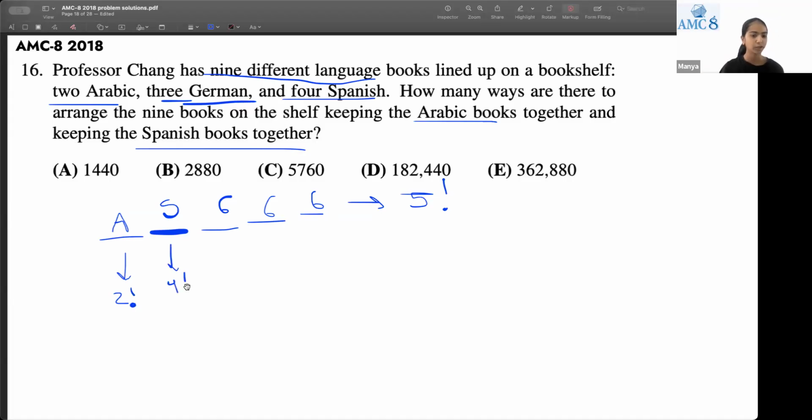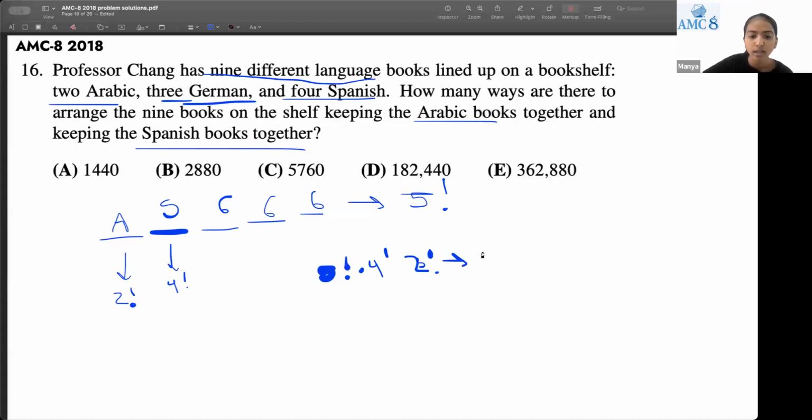So our total answer would be 5 factorial times 4 factorial times 2 factorial.